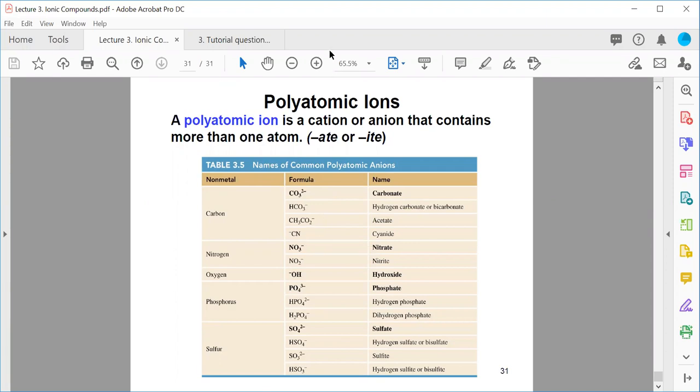All right, these two here are really important for everyone, particularly anyone studying plants. Okay, here we have the nitrate polyatomic ion and the nitrite. Okay, who can tell me which of these two, anyone that's studying plants, is very important as a nitrogen source for plants?